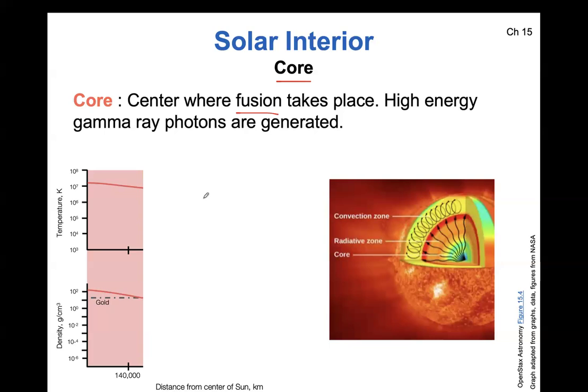Okay, the temperature of the core is about 10 million Kelvin. All right, that number will become important when we talk about fusion. It's the necessary temperature for the type of fusion that occurs inside the sun. The density is very dense. It's denser than gold. So even though the sun as a whole is low density, the core is very high density.